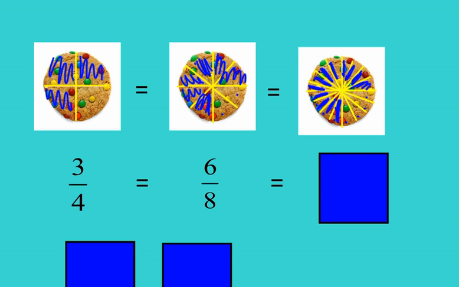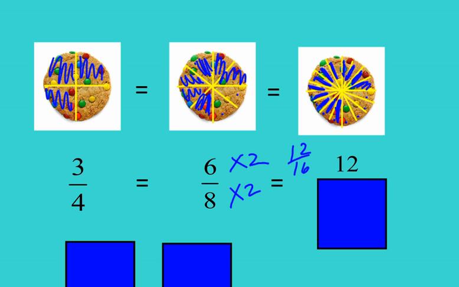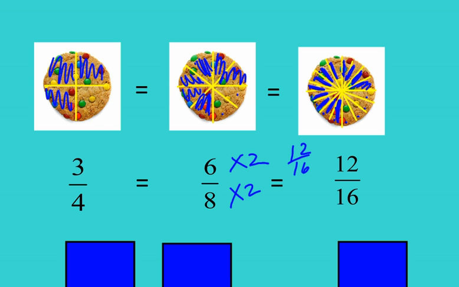So it was divided into 16ths, and I would have to eat 12 parts to equal 6/8 and 3/4. Before I even move my box, I can use the same technique as before. If I multiply my numerator and denominator by the same number, I should get an equivalent fraction. So I'd have 12/16. Let's see if I move my box away. 12/16. That is correct.